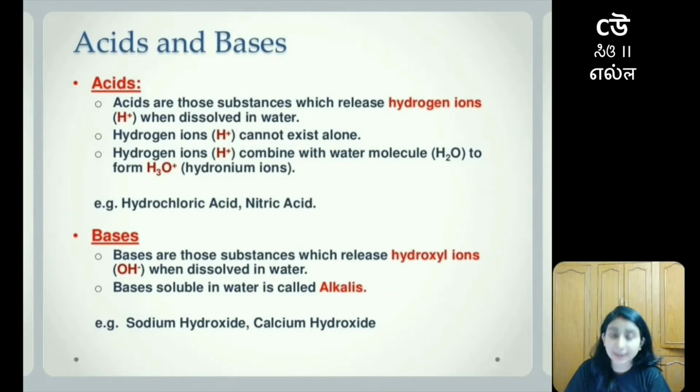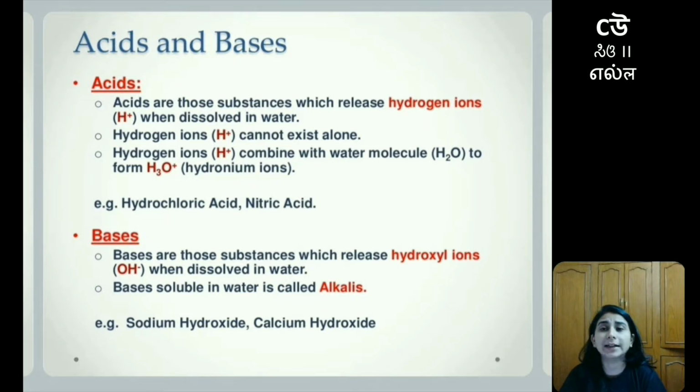Moving on, आइए बात करते हैं about bases. So bases are being defined by saying that these are going to be those substances which release hydroxyl ion when dissolved in water. So acids क्या कर रहे थे? They were releasing hydrogen ion, that is H+ ion.